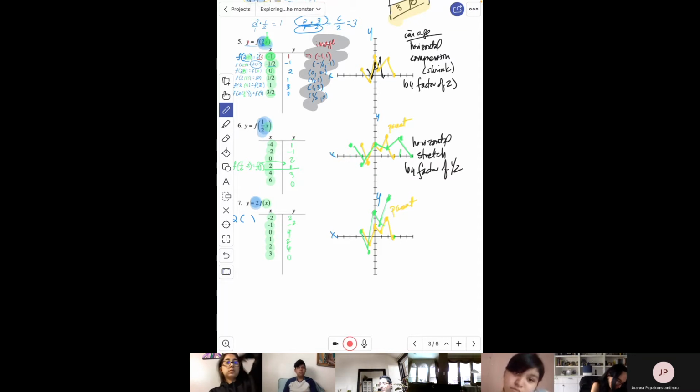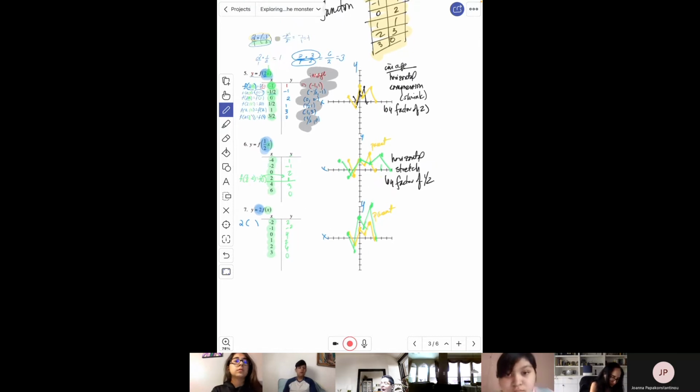What is the transformation that you are seeing? What is the image function a result of doing to the parent? Vertical stretch. Yes, it is a vertical stretch by a factor, because we're multiplying, of 2, right?